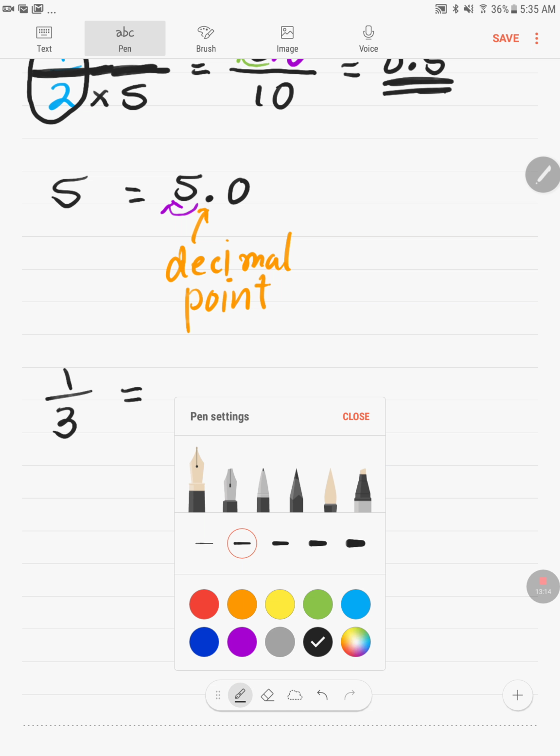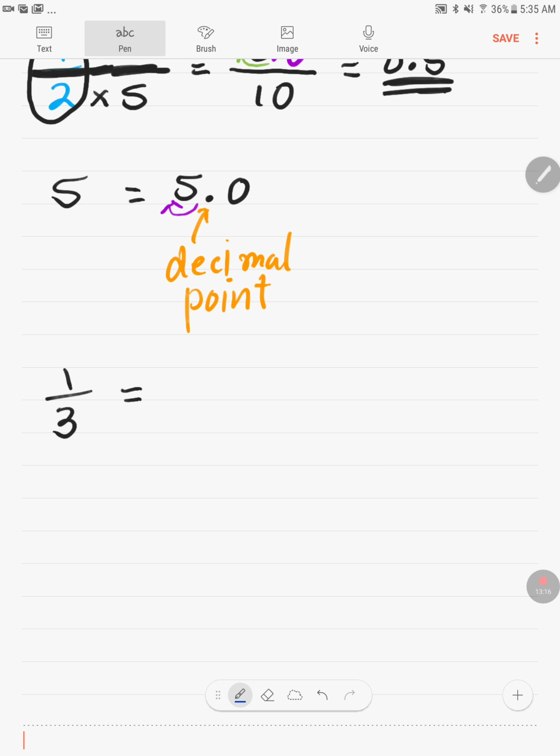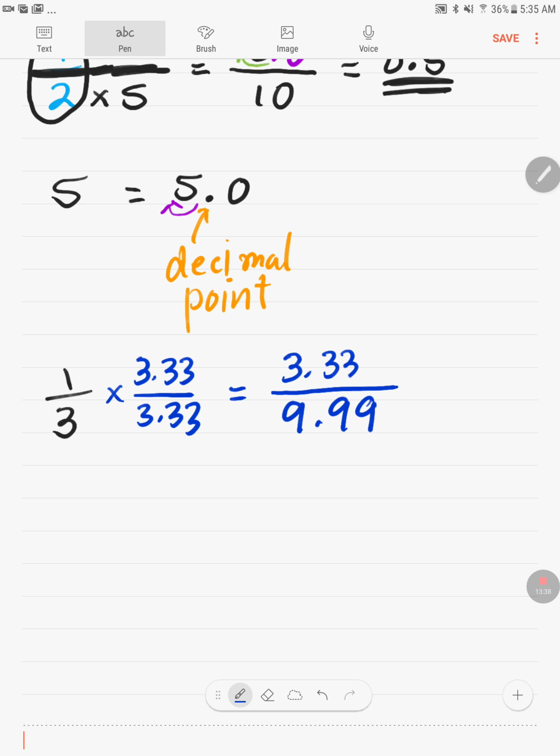Let's see what happens. So we will multiply by 3.33. What we get in the denominator is 9.99, which is very close to 10. And in the top is 3.33.